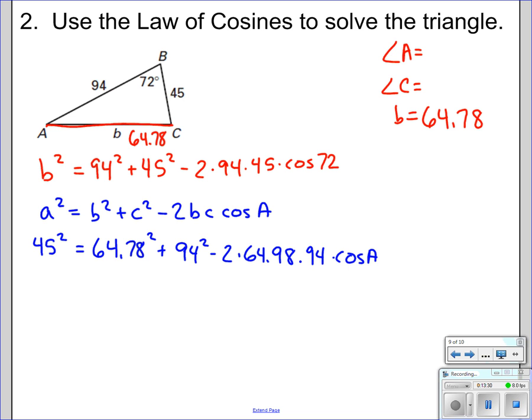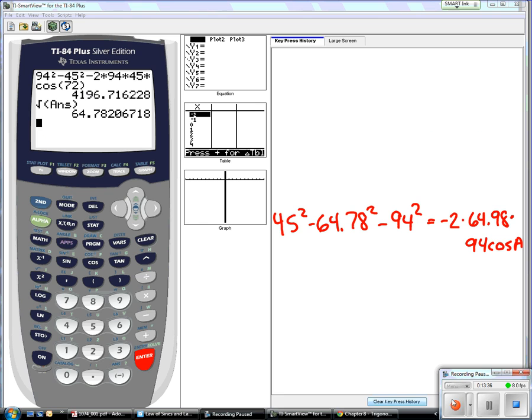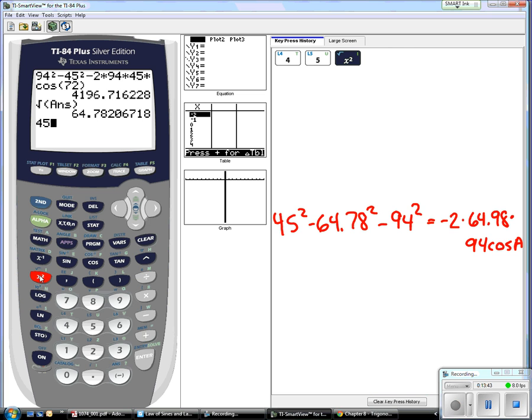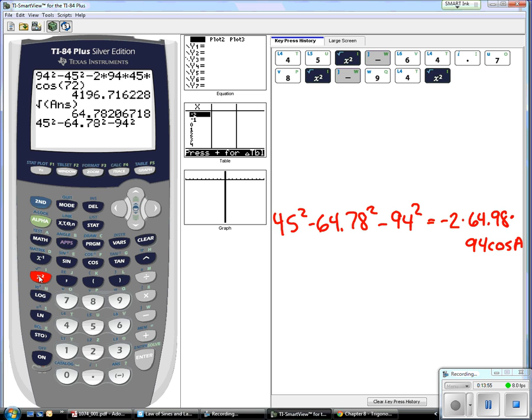So this is just like we did in the last problem. So go to your calculator. I've written the formula that we have. So you want to do 45 squared minus 64.78 squared minus 94 squared.